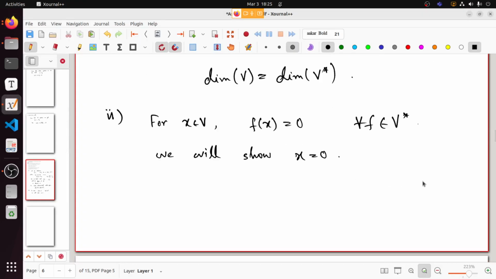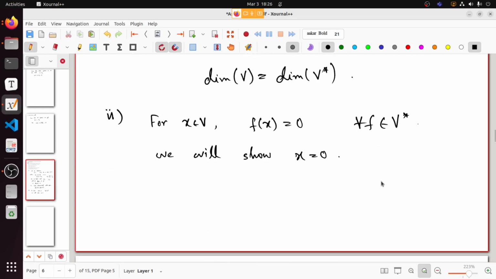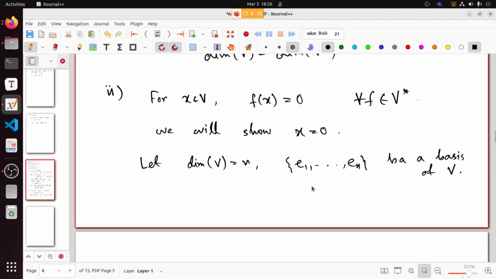Okay, how to do that? We know the basis for V star is the dual basis fj. Because x belongs to V, suppose V has dimension n and e1 up to en is a basis of V. Then you can write x equals a1 e1 plus a2 e2 plus dot dot dot plus an en, where a1 up to an are scalars.